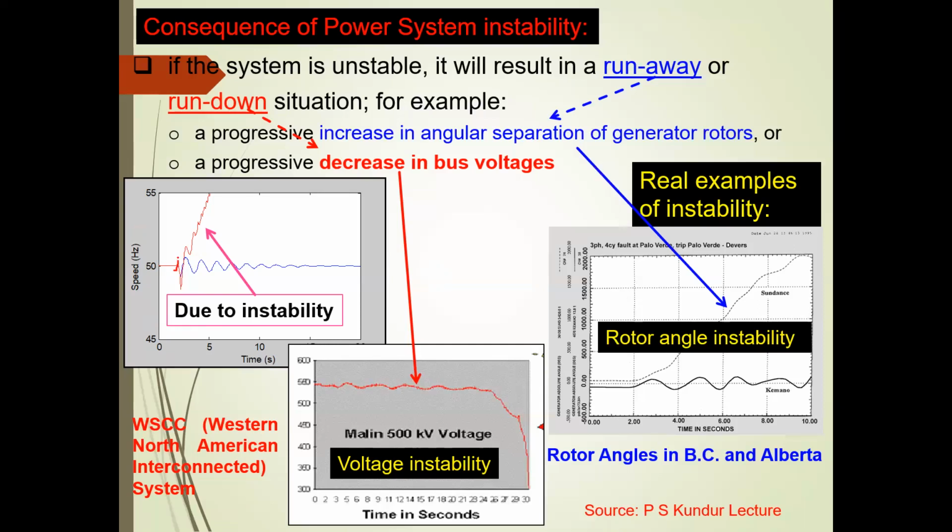So frequency will increase here, and let's say this is your limit. At this instant, you find that the frequency deviation crosses the upper limit, and then the relay will trip the generator. That will take place.